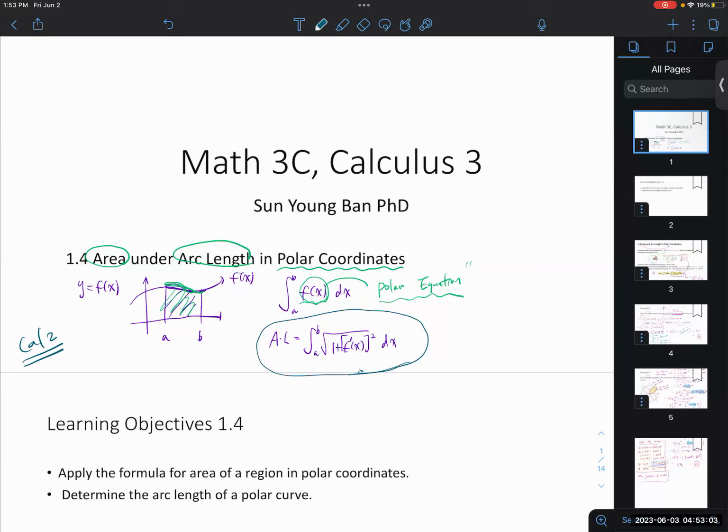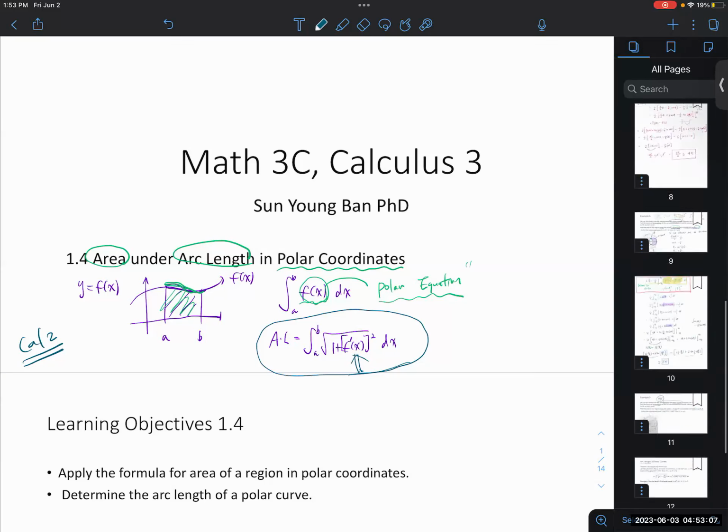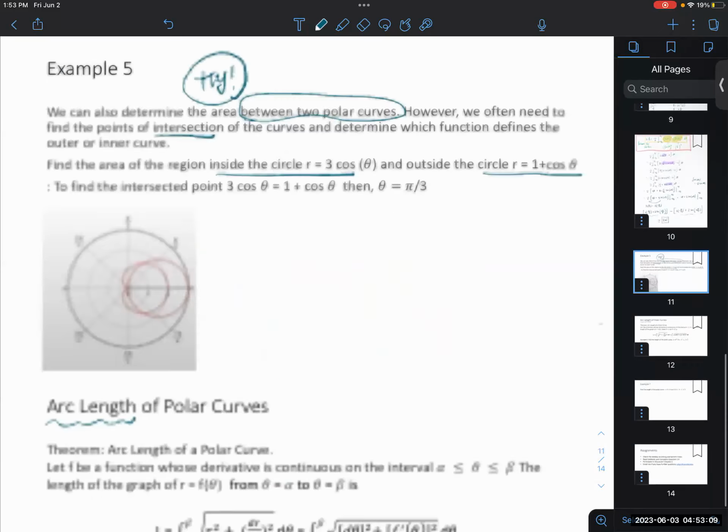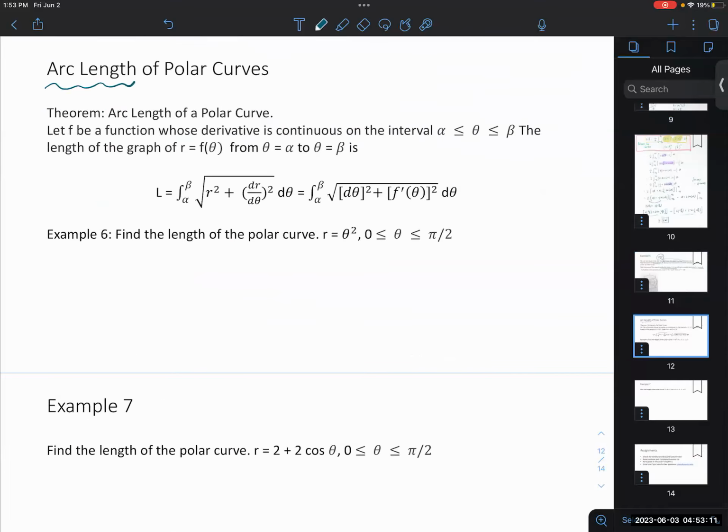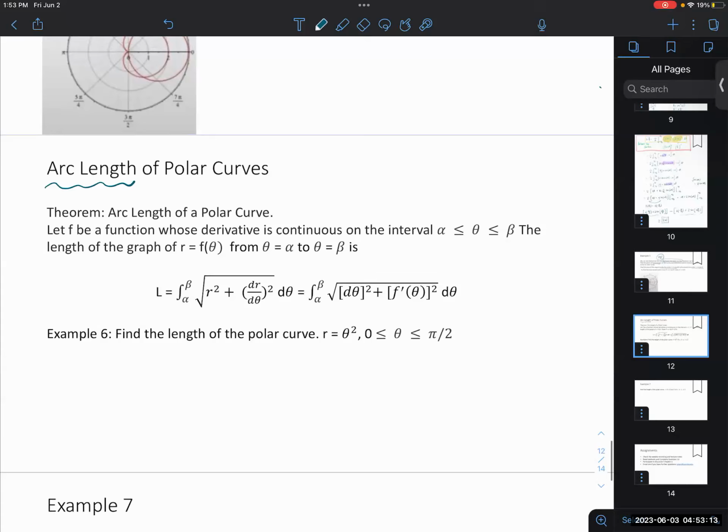This is the formula, but we are dealing with the polar equation, and the formula is actually given right there, to find the arc length of a polar equation. You have the same interval A to B, whatever is given: r squared plus the derivative of r squared, take the radical and integrate. That's it. This is the formula.